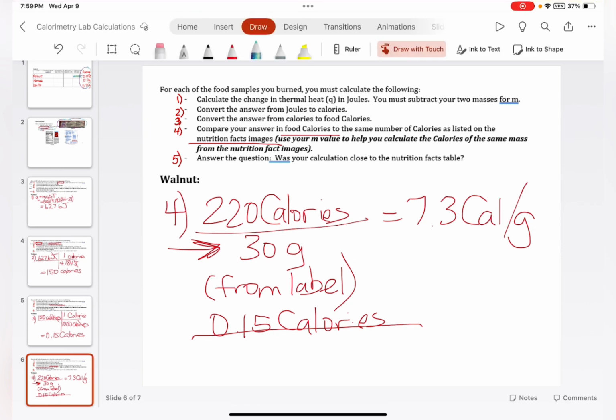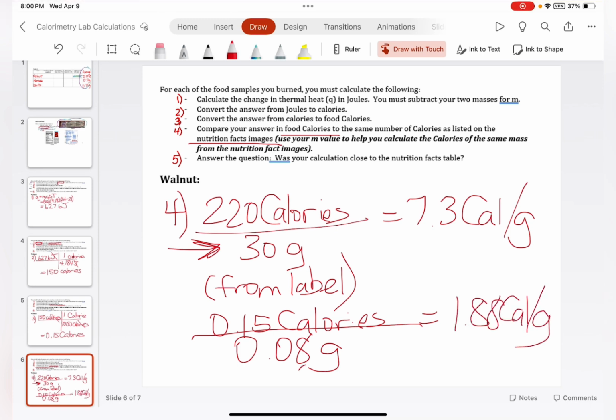So let's put that in, 0.08 grams, and you get an answer of 1.88 Calories per gram. And this is coming from our lab, okay? So when you look at these two numbers, what a difference. This is what we should have gotten, but this is what we got. And that's okay, that's totally fine.